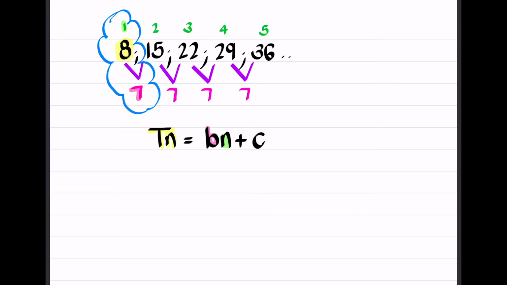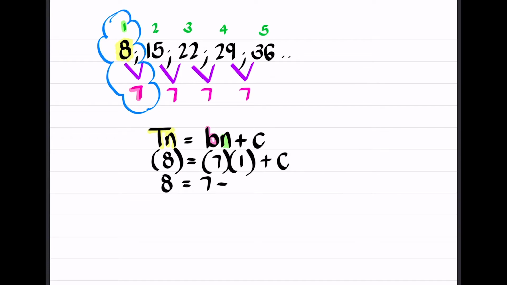I am now going to calculate the C value. So I'm going to substitute in: Tn is 8, so that is equal to B, which is 7, times 1 plus C. So 8 is equal to 7 times 1, which is 7, plus C. That means, therefore, that C is equal to 8 minus 7, which is 1.